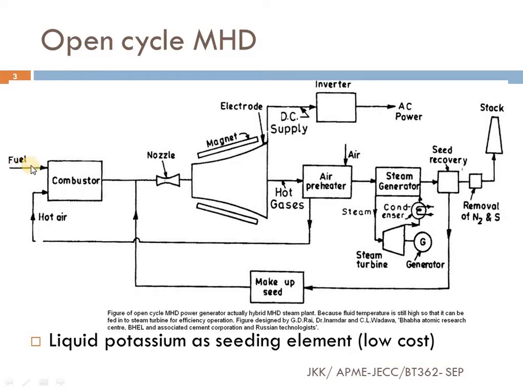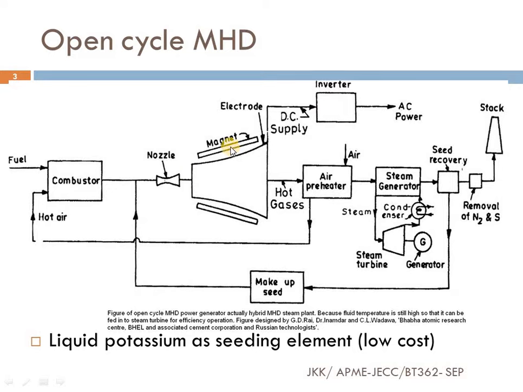It will get combusted here, and the high temperature combustion product will be taken out and passed through a nozzle so that its velocity will be increased, and this high velocity hot gas will be passed through this MHD generator.